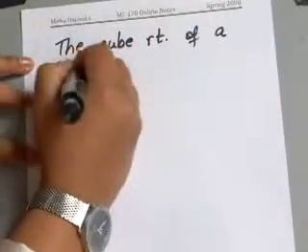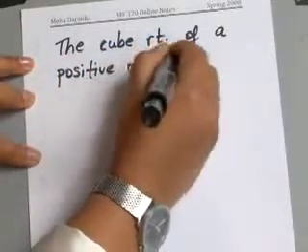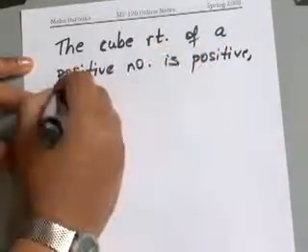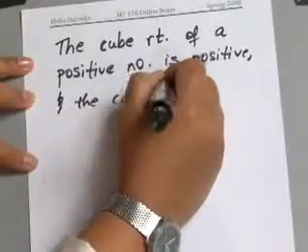So the cube root of a positive number is always positive, and the cube root of a negative number, of course, will be negative.